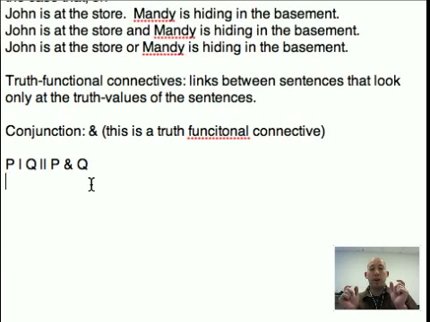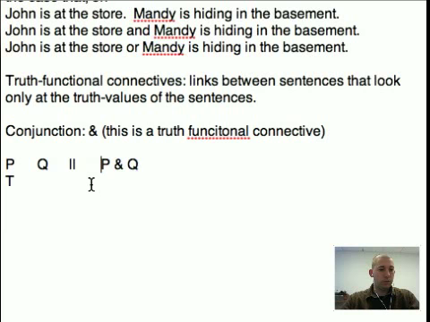But if you have 2 sentences, the number of combinations that you can have is 4, right? Because we can have a scenario where P is true and Q is true.